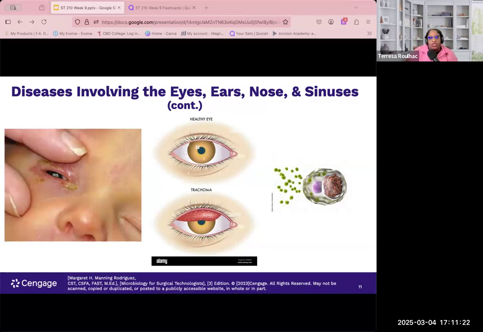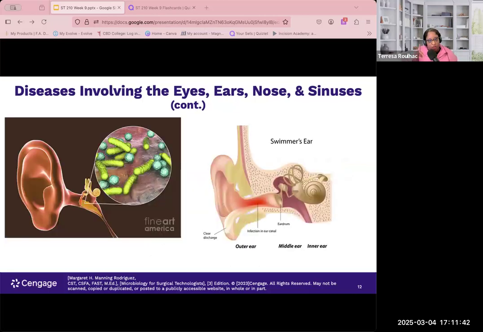It is most common in regions of Asia, Africa, and among Native American populations in the southwestern part of the US. But trachoma is the leading cause of preventable blindness worldwide. Okay. So just remember, if you're getting in a pool, make sure that it is chlorinated.